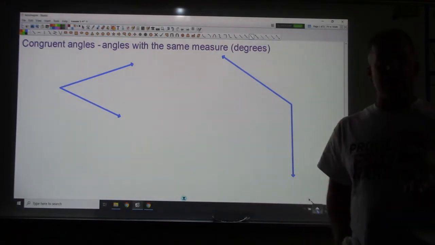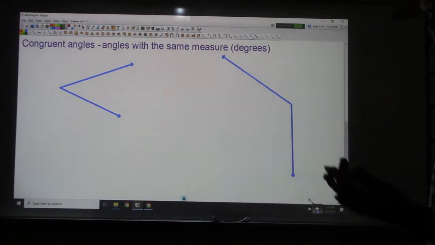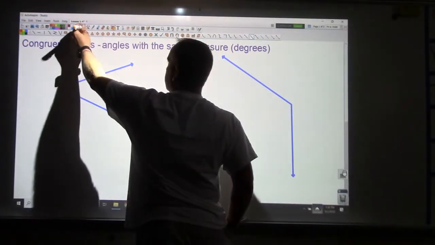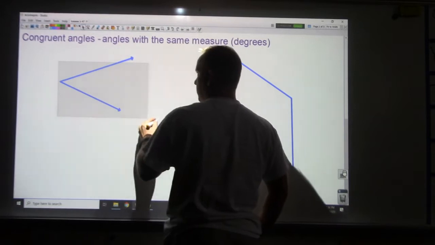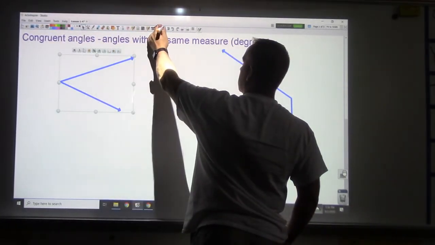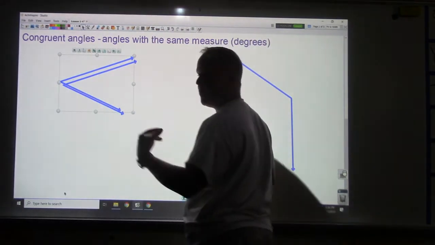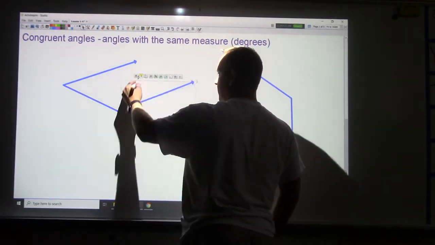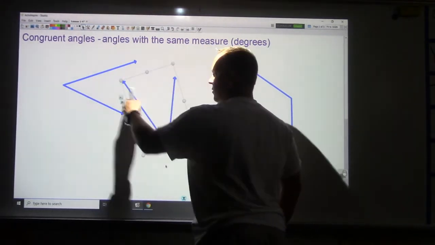These two angles are obviously not the same, right? One's acute, one's obtuse. But through the magic of this little board I have here, copy, paste. If I copy and paste it, now I know these angles are exactly the same because I did a copy paste. Even if I take this angle and I rotate it, these angles are still the same.